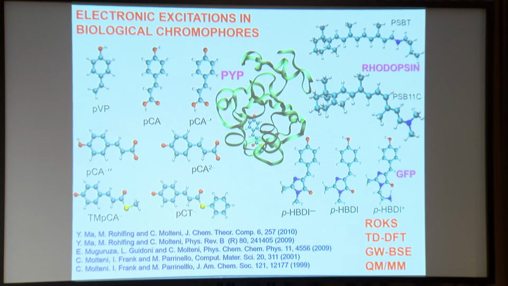We have also tested another methodology that is very popular in condensed matter, that is the GW and Bethe-Salpeter equation. The GW method is useful to get accurate orbitals, and then the Bethe-Salpeter equation is to study excitons. But excitons in the case of these systems, and we're not talking about excitons from one part of the biomolecule to the other, are quite confined because it's a very small system.